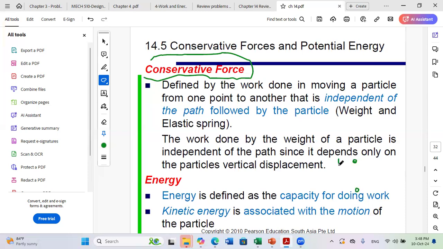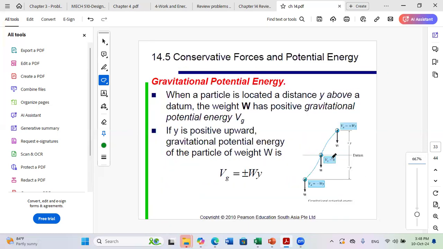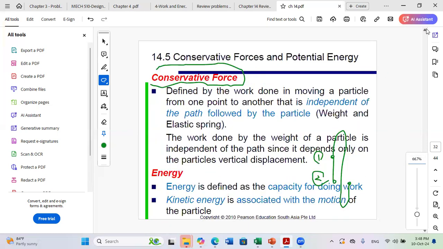So if I am in position 1, for example, for the weight, I can go straight from 1 to 2, or I can go up, then down, then up to reach 2. But why will the work remain the same? Because we proved together what the work of the weight is: the work of the weight is minus W delta Y.